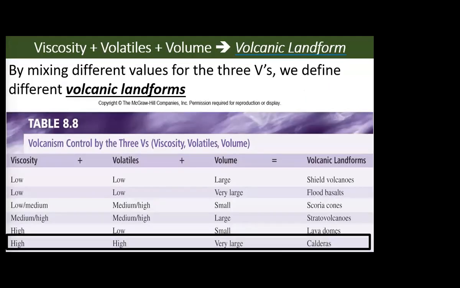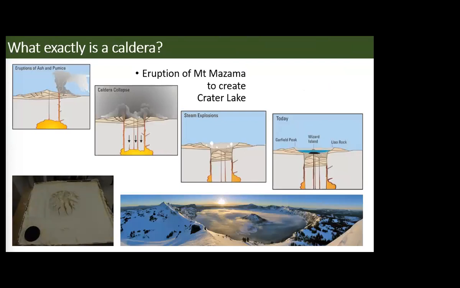Let's keep moving. Okay, so now we're going to get into how a caldera forms. A caldera is a remnant of a very, very explosive eruption. The biggest portion of how calderas work is the volume of magma in the magma chamber.